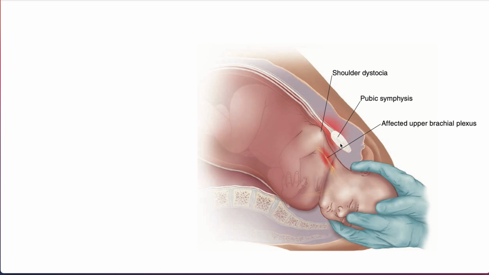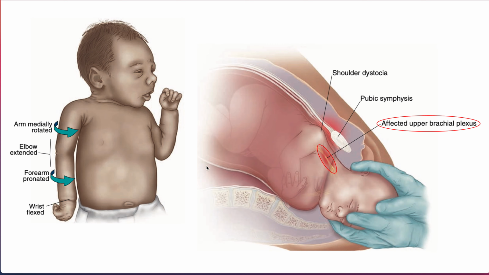There is the pubic symphysis of the mother, and because of that it was obstructed, and now somebody tries to pull it out, and when enough force is applied, you can see a traumatic situation occurring at the upper part of the plexus, and this will lead to Erb-Duchenne palsy. And look, this child will present like that. As we have said, the arm is medially rotated, the elbow is extended, the forearm is pronated, and the wrist is flexed.